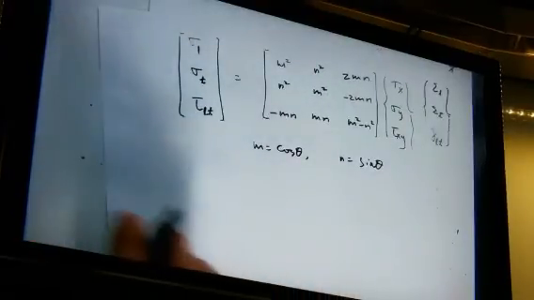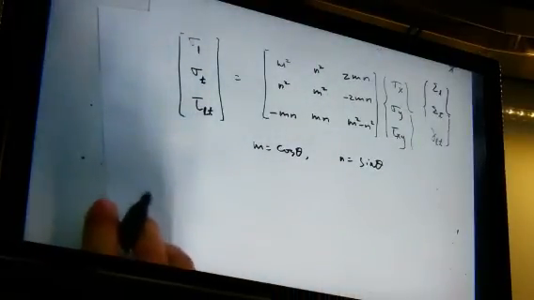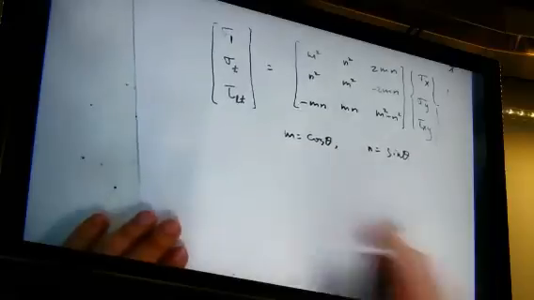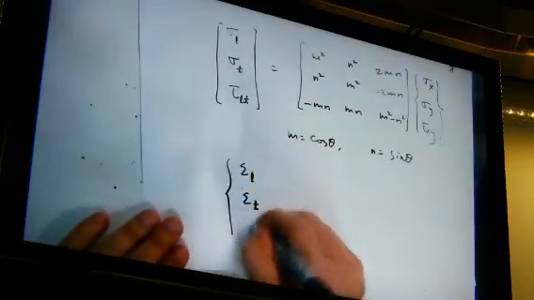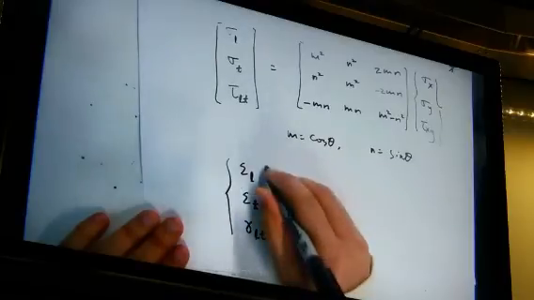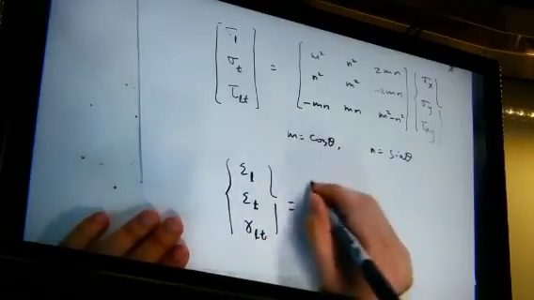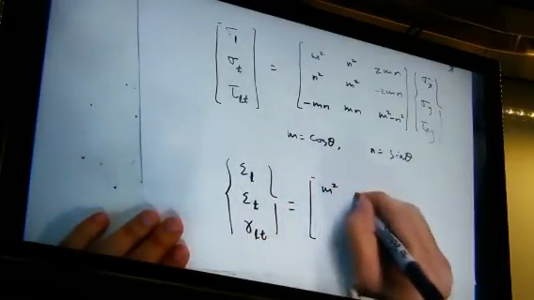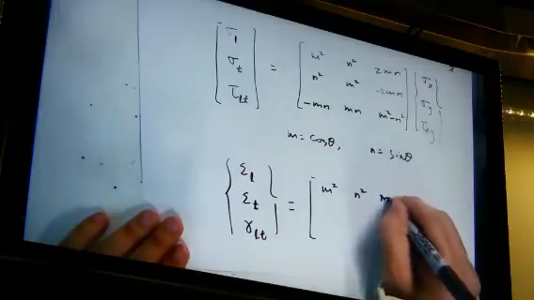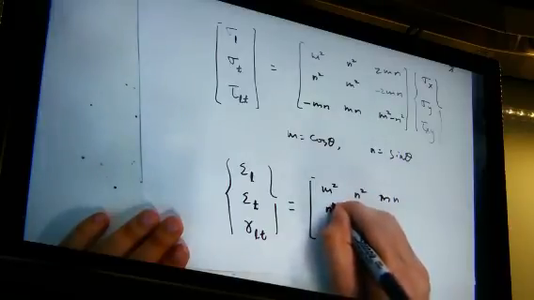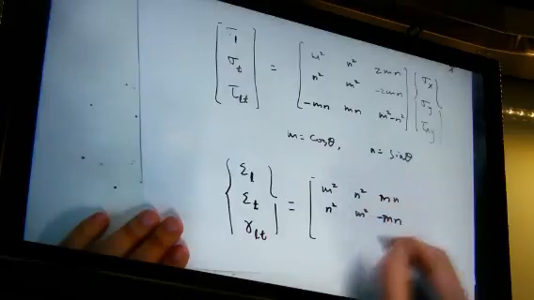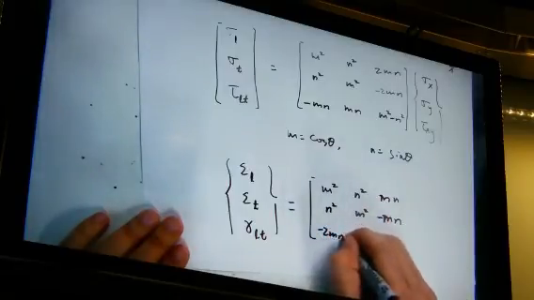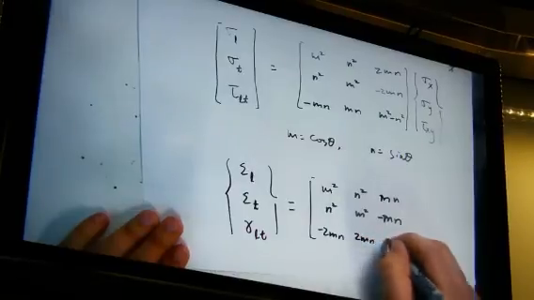And we have one more equation, and then it will be done. Epsilon L, epsilon T, and gamma LT over 2 equals the matrix with m square, n square, mn; n square, m square, minus mn; minus 2mn, 2mn, and so on.